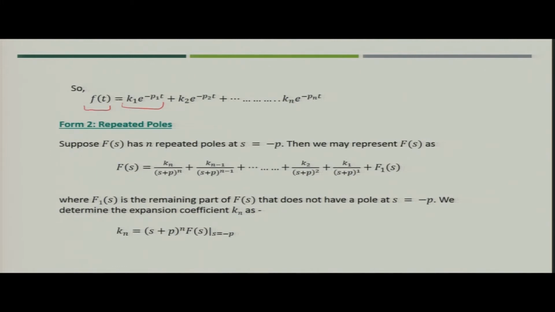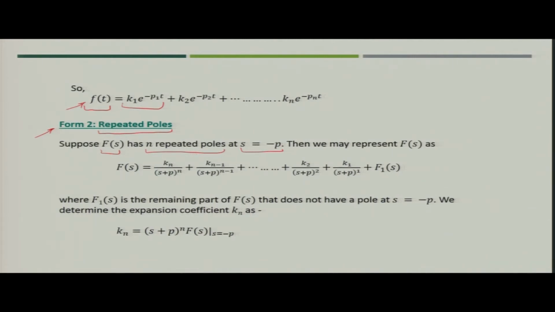That means the inverse Laplace transform of F(s) is f(t), which can be given by this expression. Now, the second case is when you have repeated poles. Suppose the Laplace transform F(s) has n repeated poles at s equal to minus p.